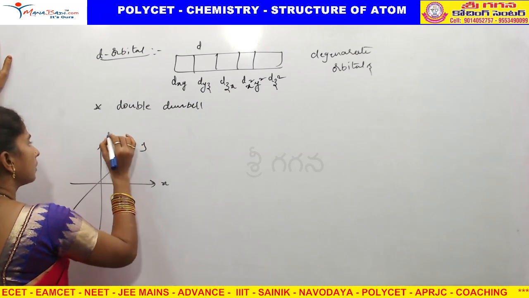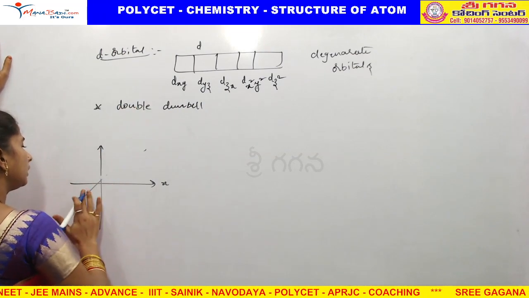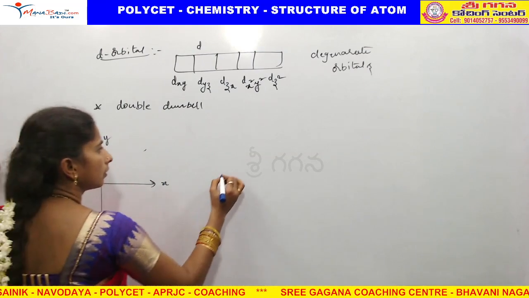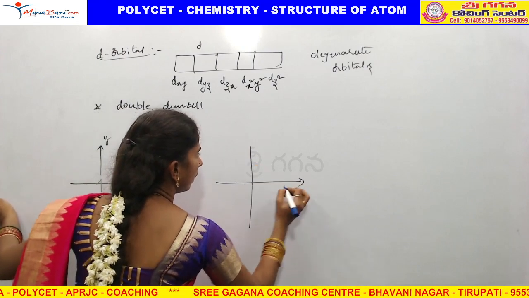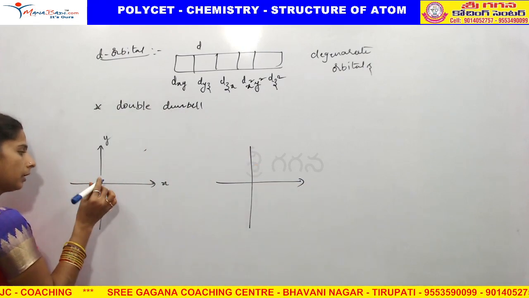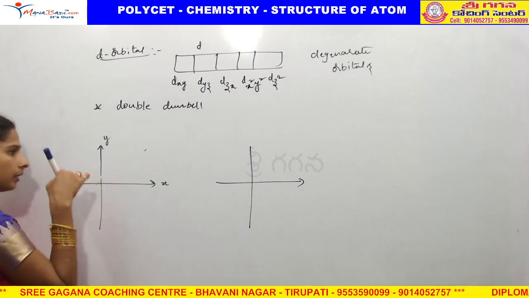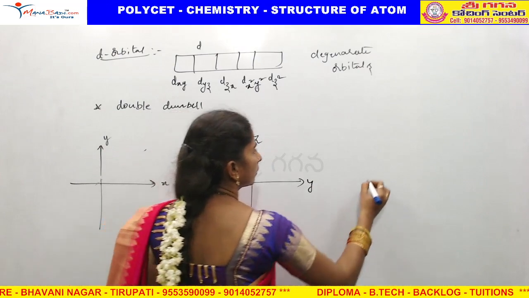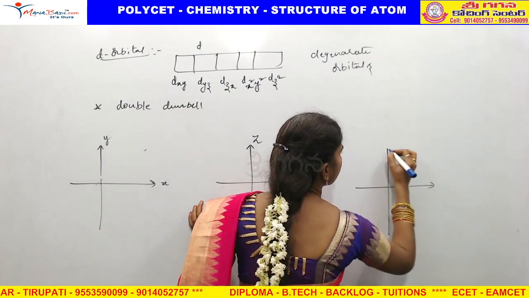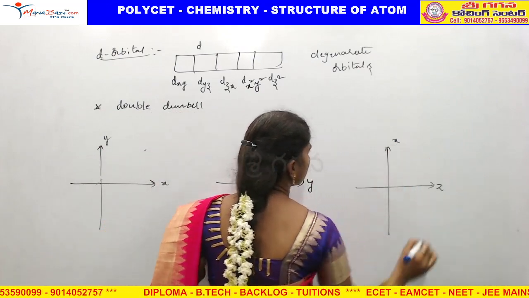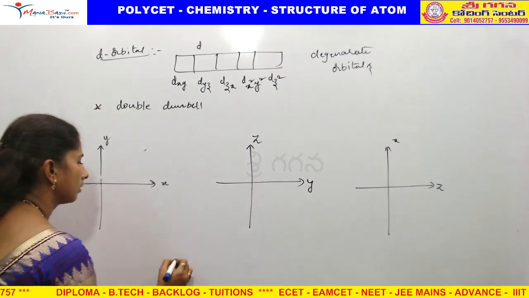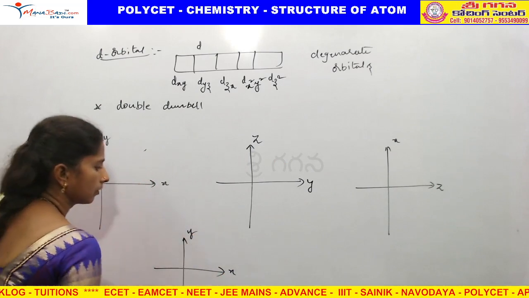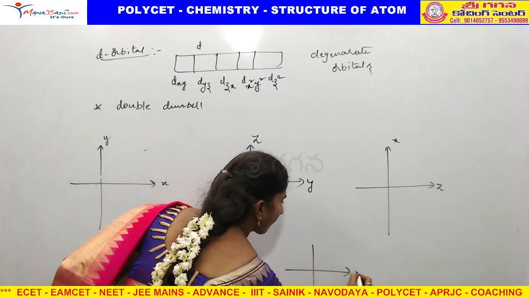For our convenience, I am writing only 2 axes, x and y. dz is also there, but I am not writing it. yz, zx or xz also you can write, xy, xz.